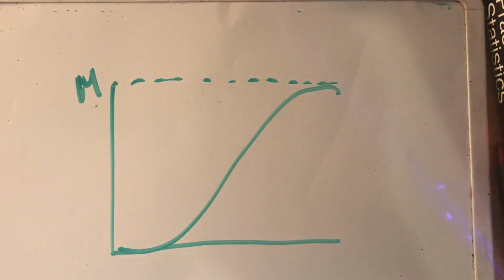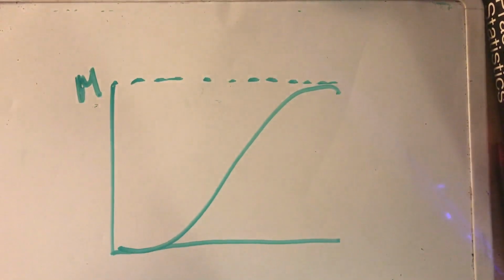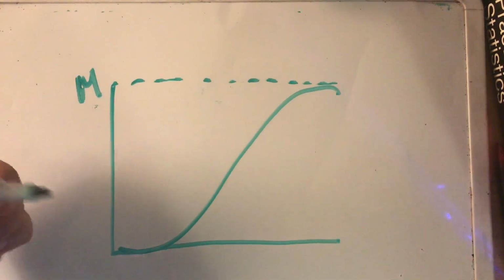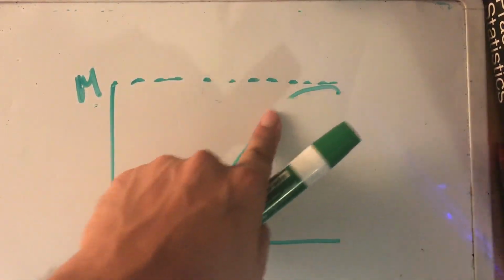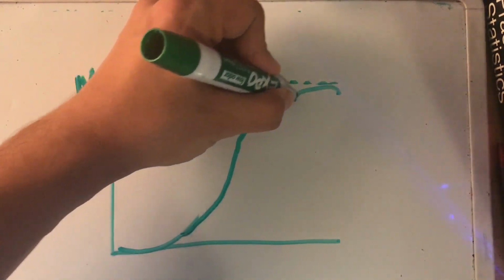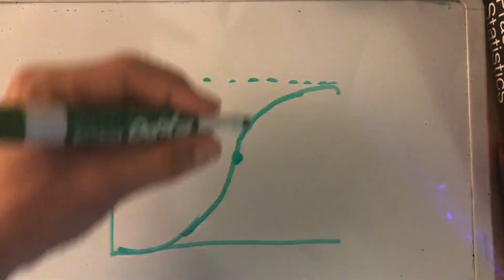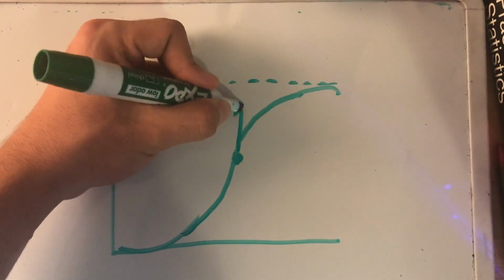There's a curve on this, so there's going to be an upper bound, which is called M, or the carrying capacity. Now, there are a couple rules about logistic growth curves, but let's talk about the only one you really need to know for the exam. This point here, halfway up the curve, is the maximum point of growth.